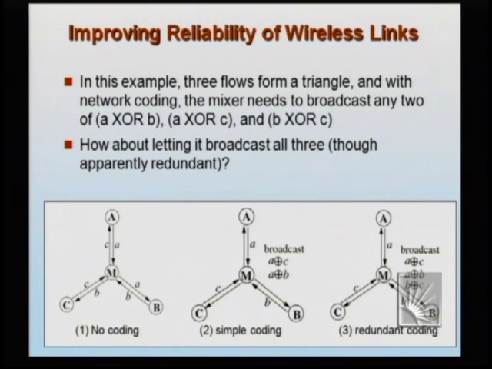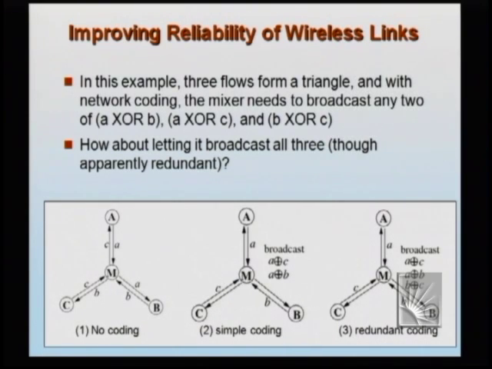Without network coding, this central node needs to broadcast 3 times for 3 packets. Now with network coding, you can notice that this mixer only needs to broadcast A XOR C and A XOR B, only 2, right?